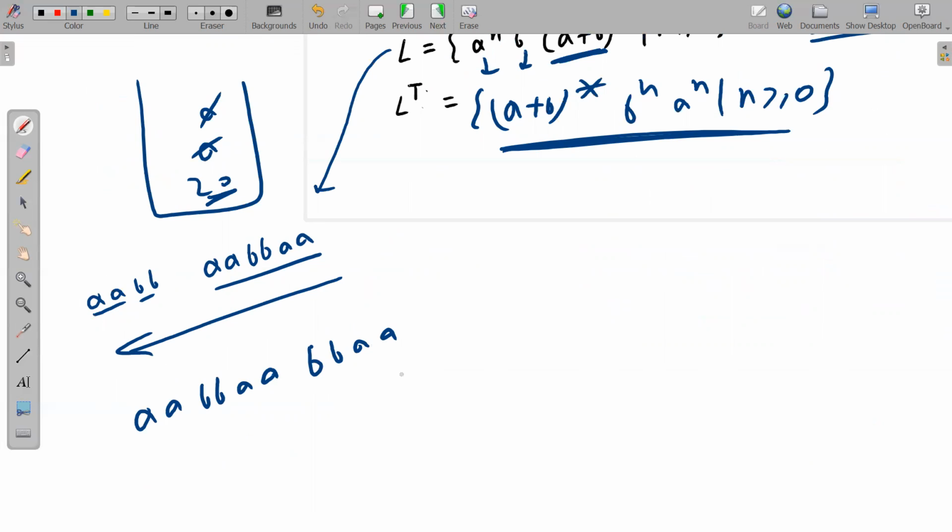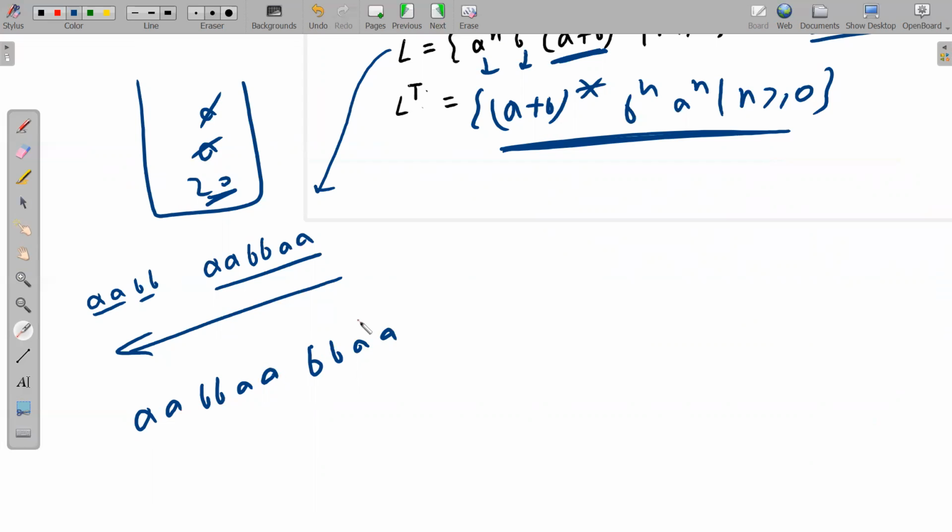Now what will you do? So how will you say that the string from (A+B)* is over, and then we will push these B's and we will pop A's from the stack? How will you show this thing? There is a confusion. Please think about it. You will get more clarity.